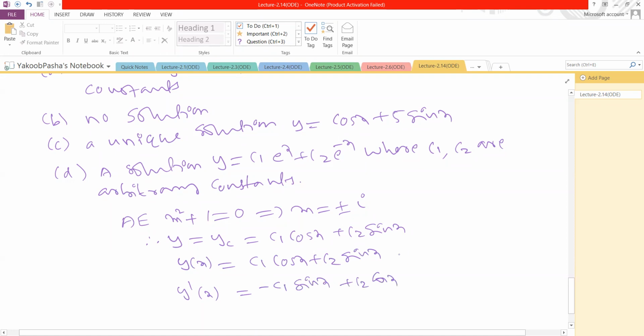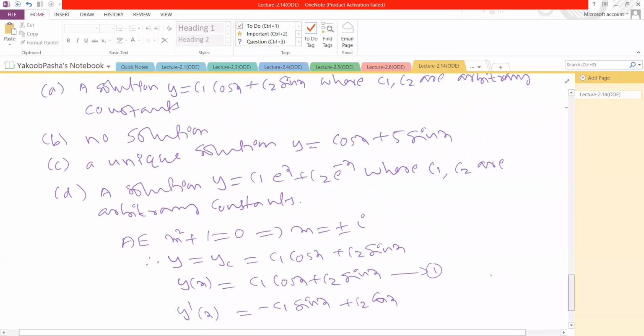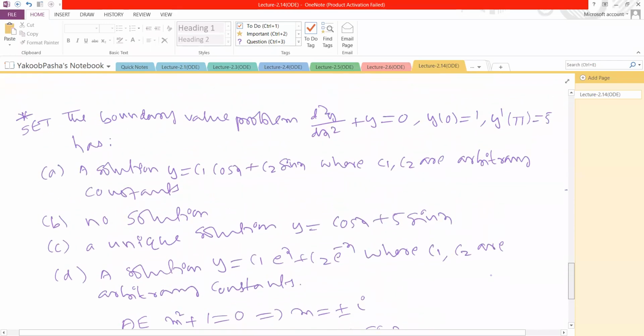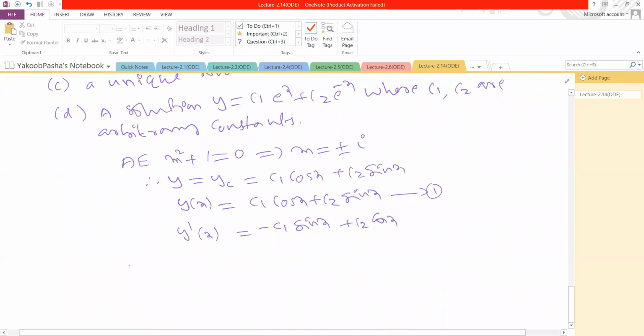Now apply the boundary conditions. I am taking this as equation number 1. Now first boundary condition, y of 0 equal to 1, and the second boundary condition, y dash of pi equal to 5.